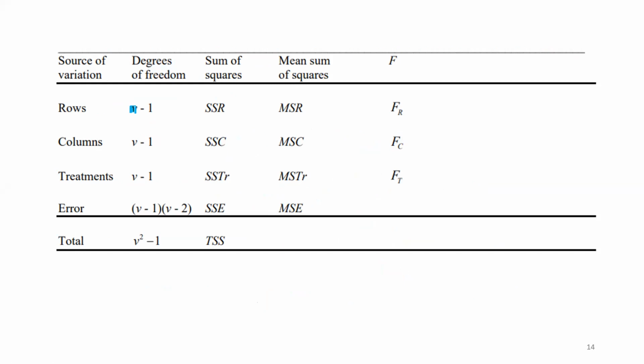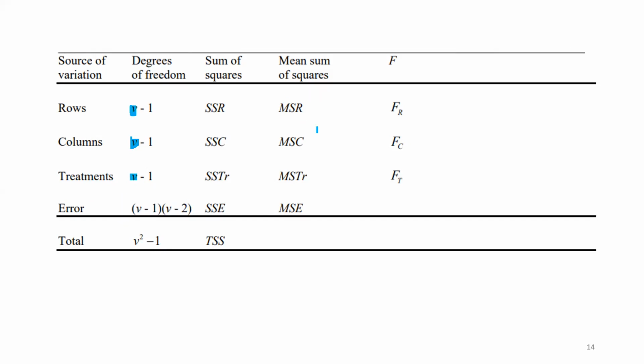This is the number of rows. You can use i and j for all these notations, but we have the same number, so it doesn't matter to use it this way also. Then this is v squared minus 1 for the error term. We can use v minus 1, v minus 2, and the multiplication of those two.